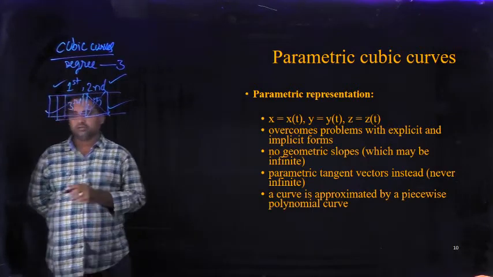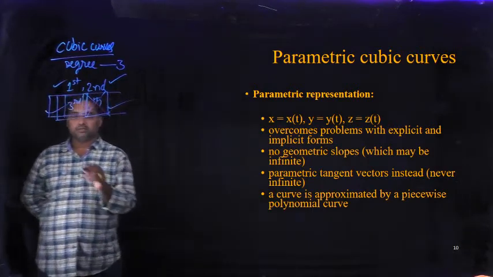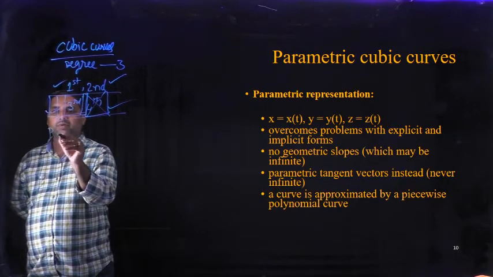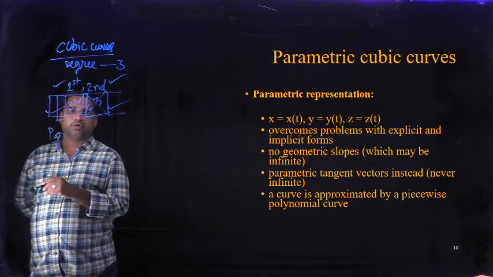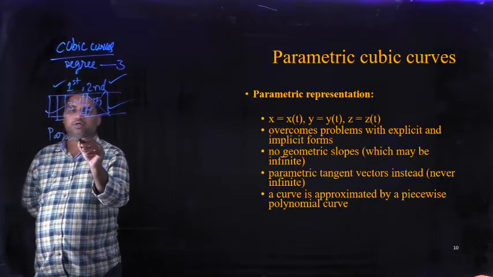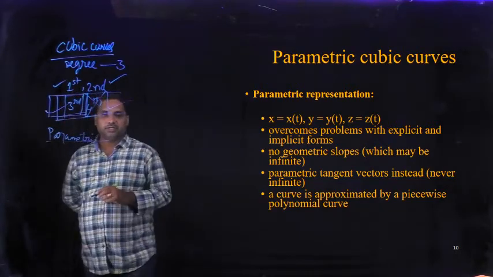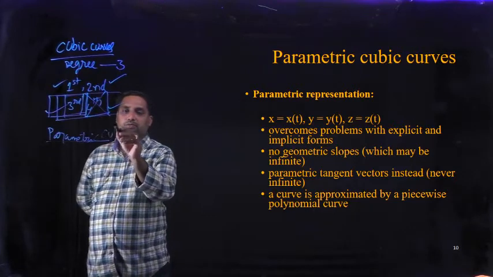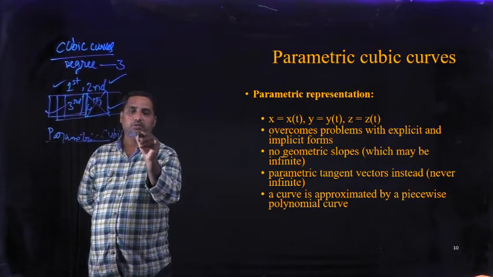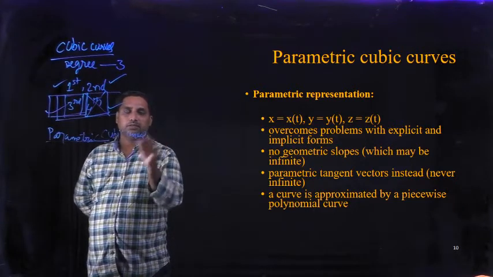How can we represent these third degree curves in parametric form? In the slide you can see the parametric representation of cubic curves, parametric cubic curves. Different methods are there.